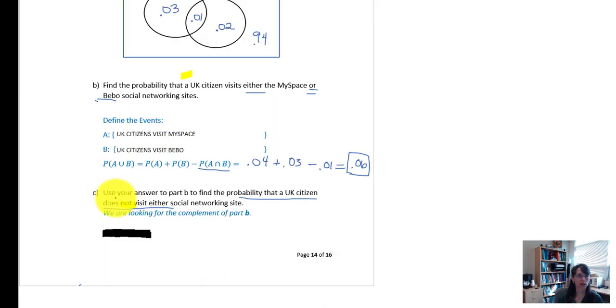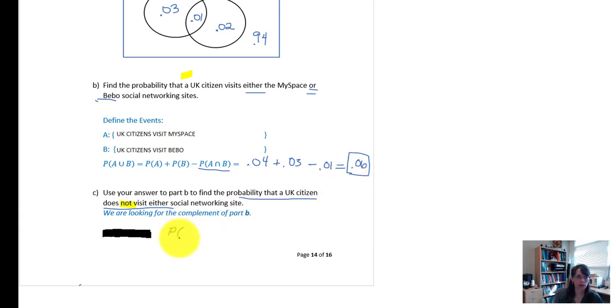For part C, it says to use your answer to part B to find the probability that a UK citizen does not visit either social networking site. The word "not" is a clue that we're looking for the complement. So we are actually looking for the complement of part B. If we know how many UK citizens are using these two particular social networking sites, we are looking for the complement of that union.